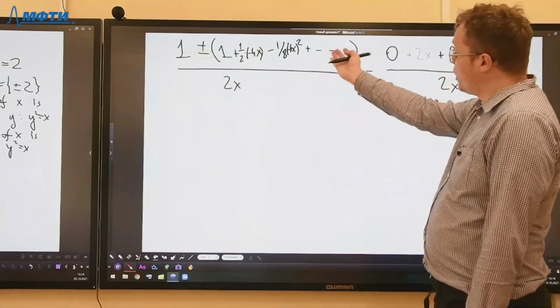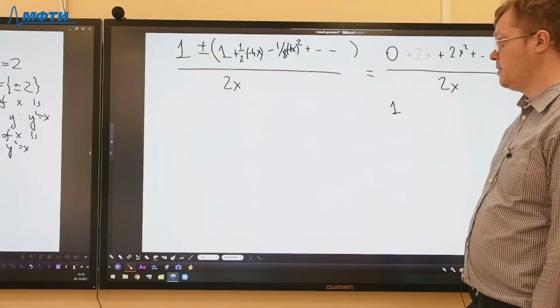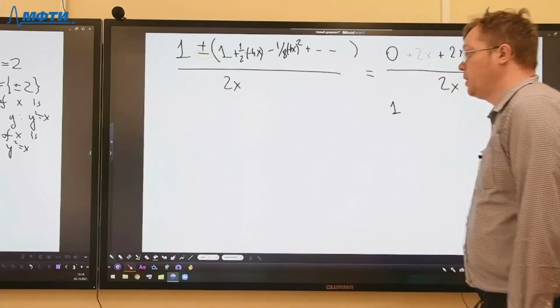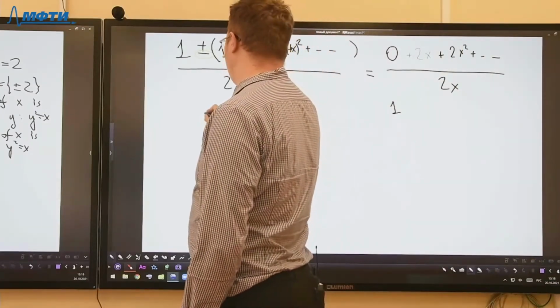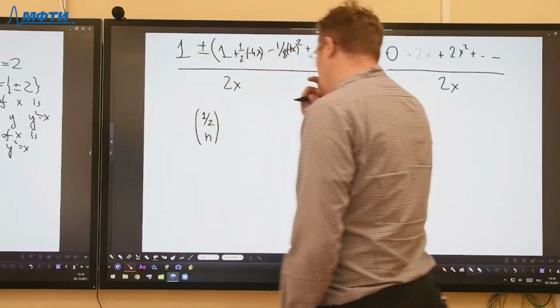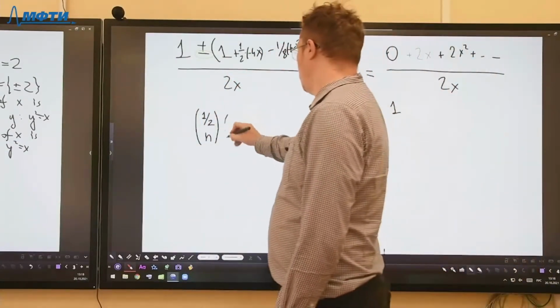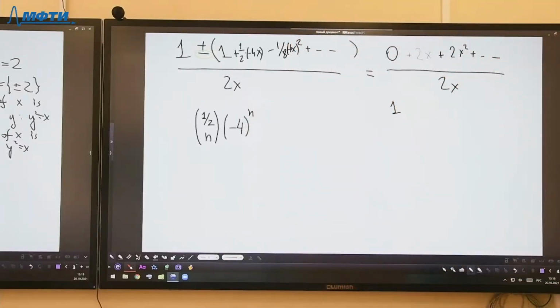If you want to calculate the coefficients, we just need to calculate this generalized binomial coefficient: 1 over 2 choose n times minus 4 to the power n. So let's do the calculation.